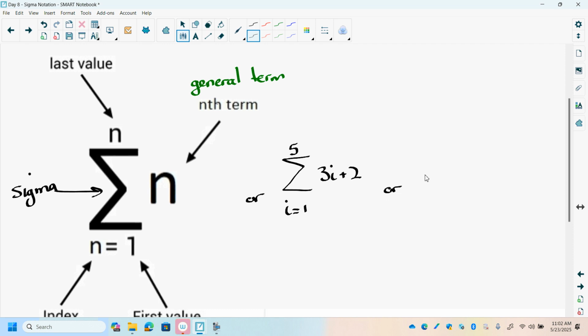Or perhaps the index is a k, and you're going up to n, and your general term is perhaps k squared minus 1. But know that the Greek letter sigma means that you are calculating a sum. All right?